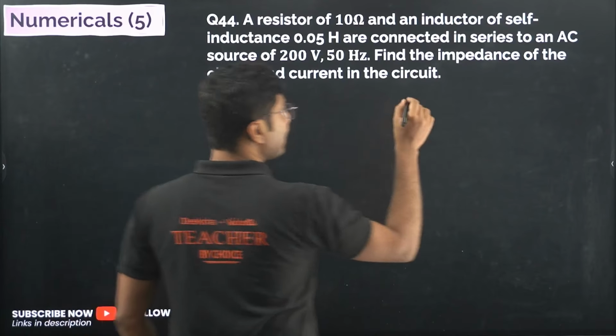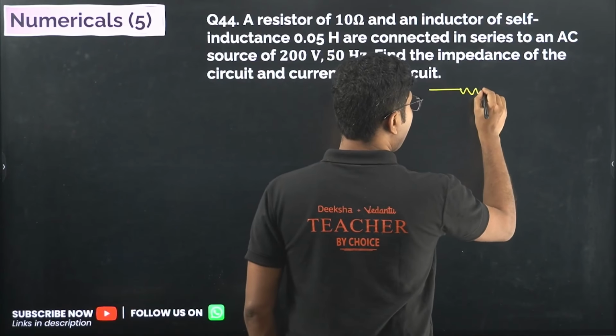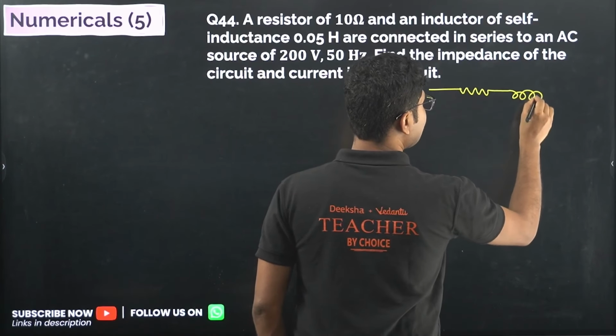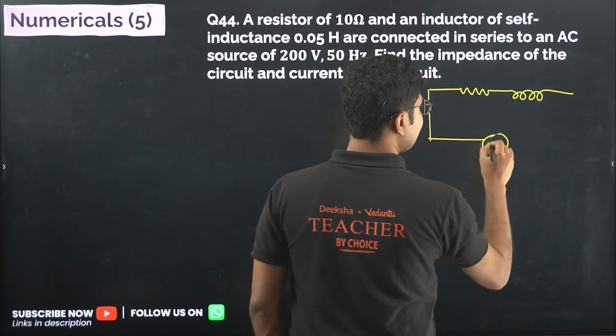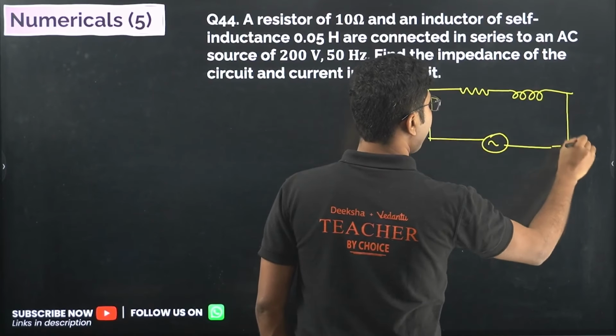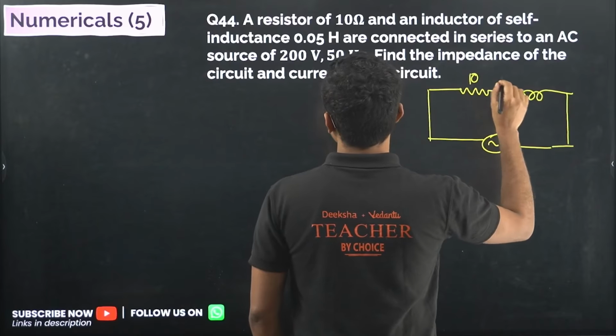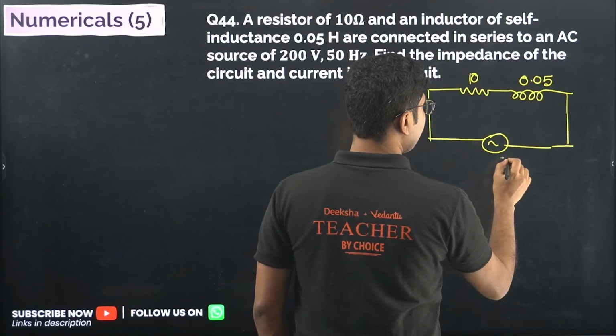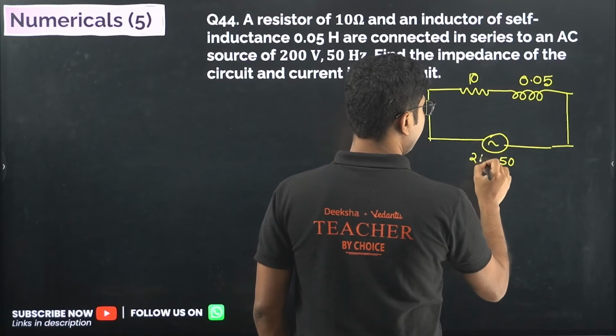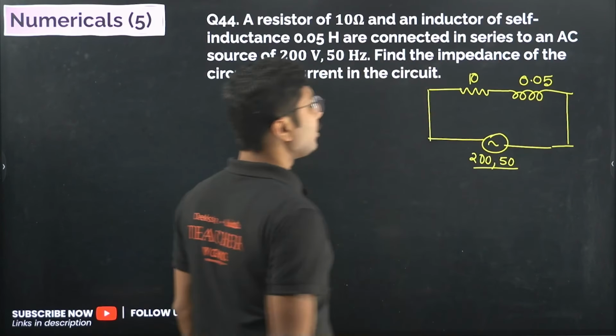RL circuit means only a resistor and an inductor are connected in series with an AC source, with values given: 10, 0.05, 50 hertz, 200 volt.